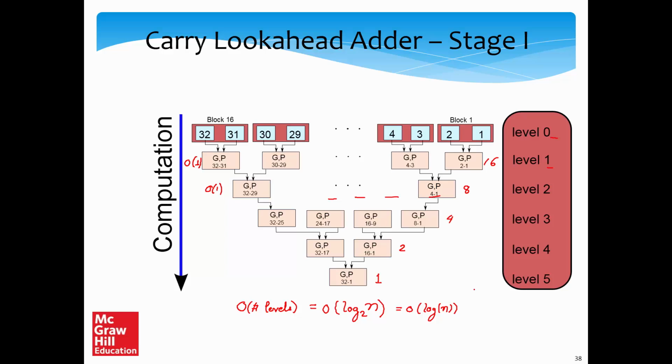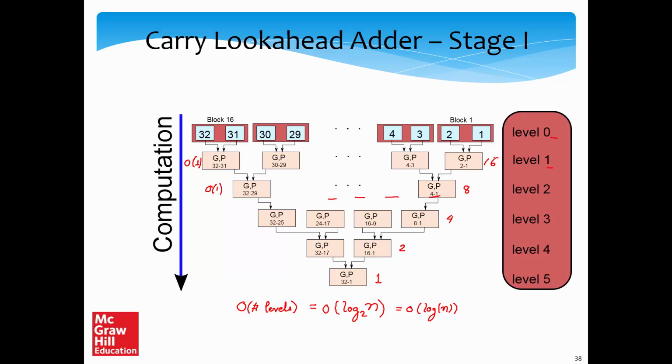So essentially computing the GNP functions for blocks of bits, starting from consecutive bit pairs to 1 to 4, then 5 to 8, 9 to 12, 13 to 16 and so on, and then blocks of 8, blocks of 16 and the entire block of 32, will take order log n time, because for each level we do a constant amount of work, right?